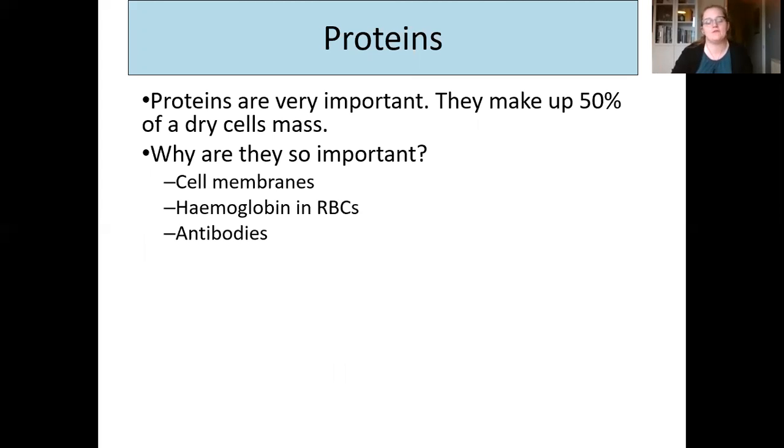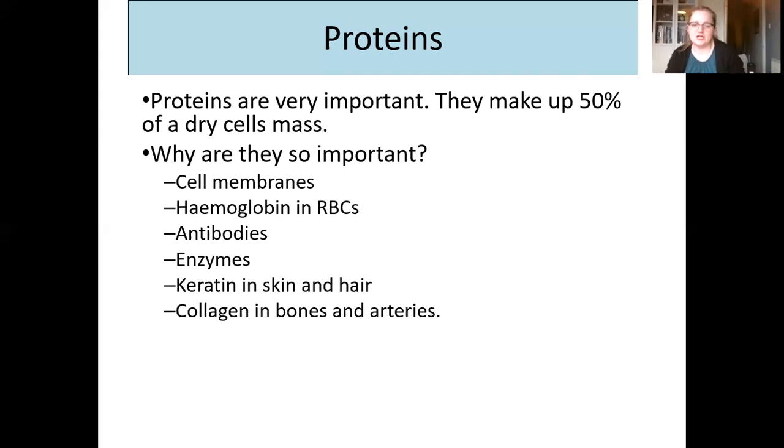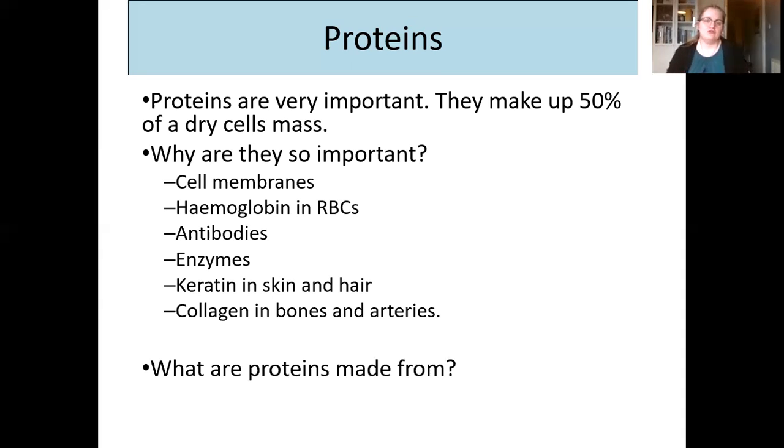Antibodies, which really help with our immune system and help us fight off different infections, are proteins. Enzymes, which come up all the time in chemistry and biology and have a huge array of jobs, are just proteins. Keratin in your skin and hair is protein. Collagen is protein. So they make up so many different things, and we often don't call them proteins when we're talking about them.